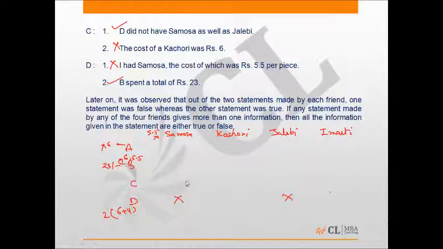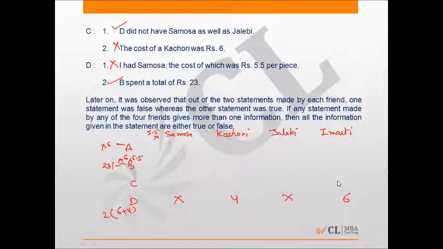That means the cost of kachori has to be 4, and the cost of Imarti has to be 6. 6 plus 4 is 10, twice of that, right?